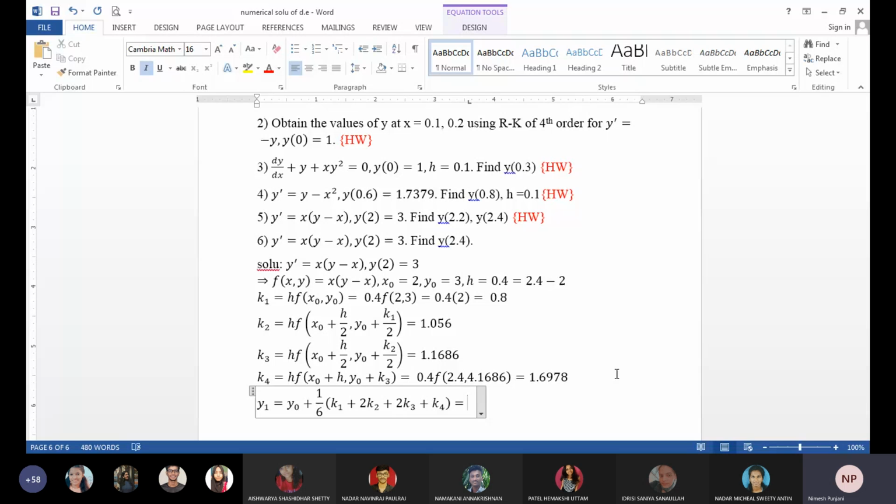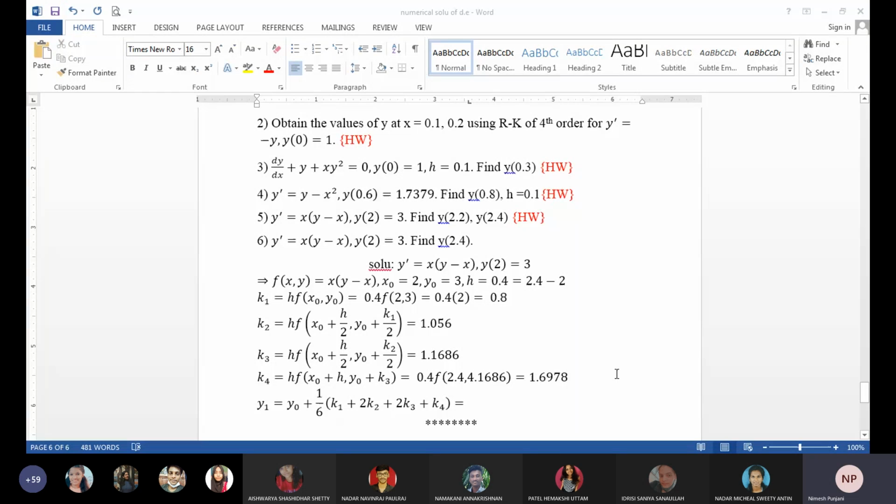Okay. So what is your y1? K1 कितना है 0.8 plus 2 into... So what is the value of y1? 4.1578.